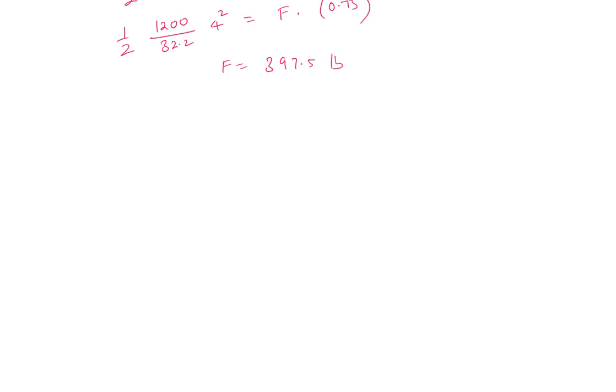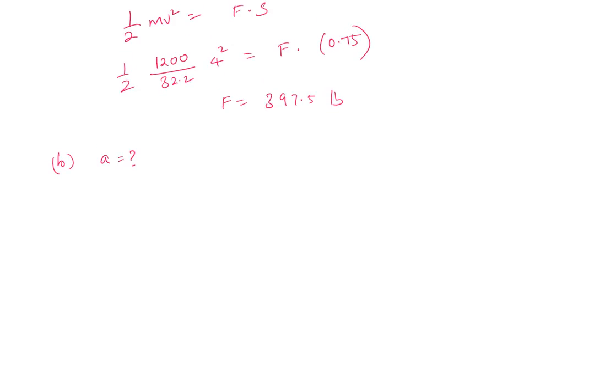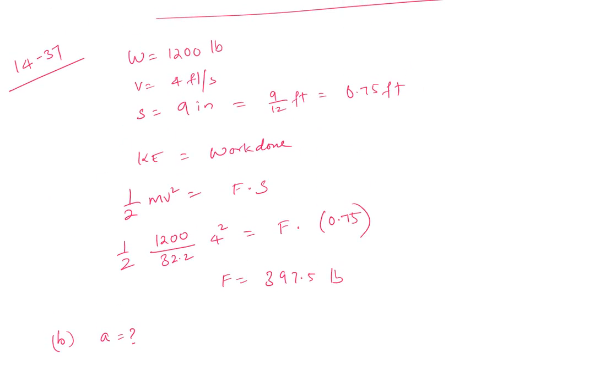Now, this is the first part of the problem. The second part of the problem is asking for deceleration. Here we have the initial velocity, because once the ball strikes the wall, after that it starts to decelerate.